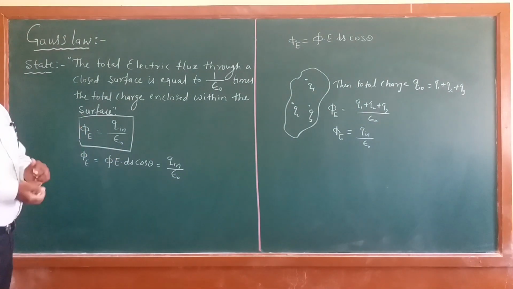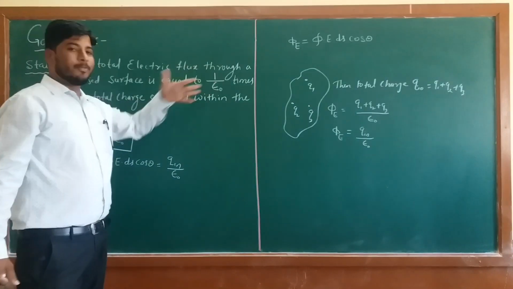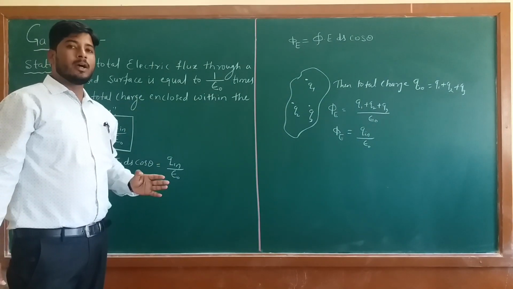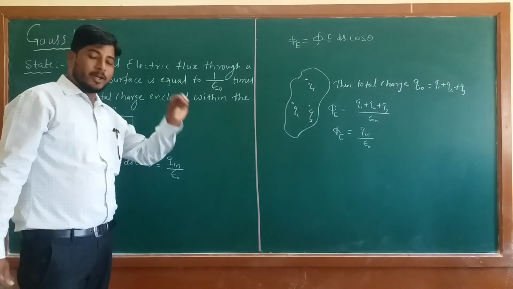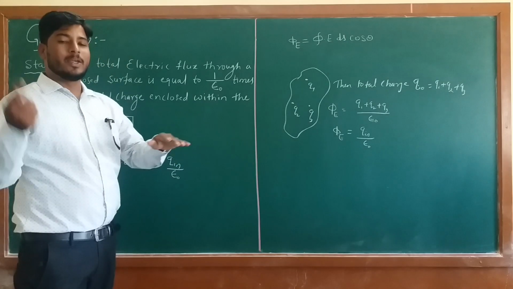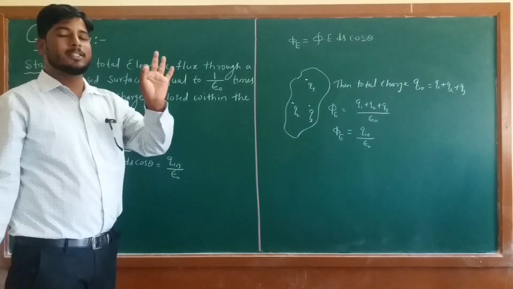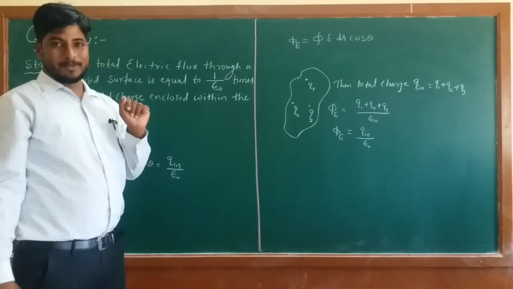Alright, so we can calculate total electric flux by knowing the charges enclosed within the surface divided by epsilon naught, the permittivity of free space.